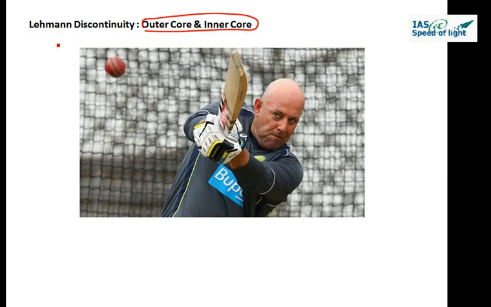So for core, we have a picture of a course. You went to Darren Lehmann for a course on cricket and he taught you the ins and outs of cricket because he himself was an expert. So for inner core and outer core, the discontinuity is the Lehmann discontinuity, or Darren Lehmann for us.